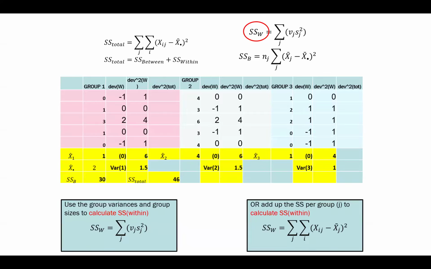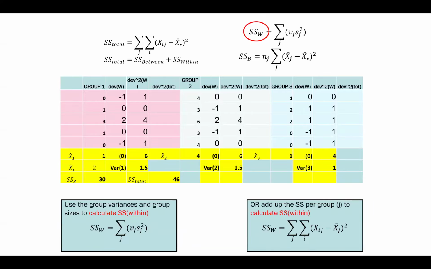So if we take sums of squares within using the first formula, the first term will be degrees of freedom for a group, which is n minus 1, which is 5 minus 1, which is 4, times 1.5, the variance for that group. The second term will be degrees of freedom for the group, 4, times the variance of the second group, which is also 1.5.